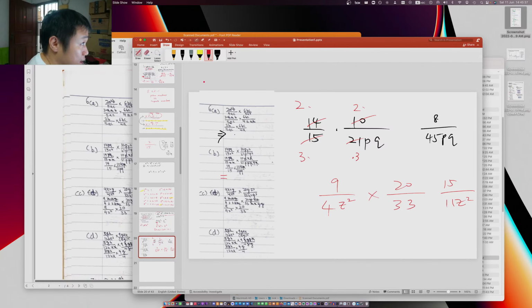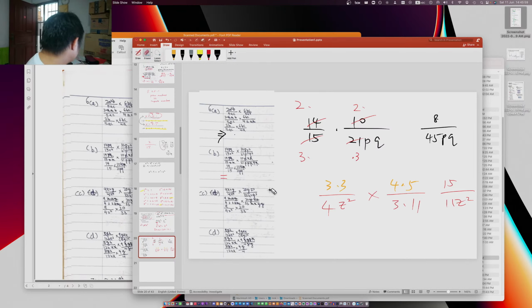So how do you split the 9? How do you split the 4? You kept the 4. Okay, how do you split the 20? How do you split the 33? 3 and 11.